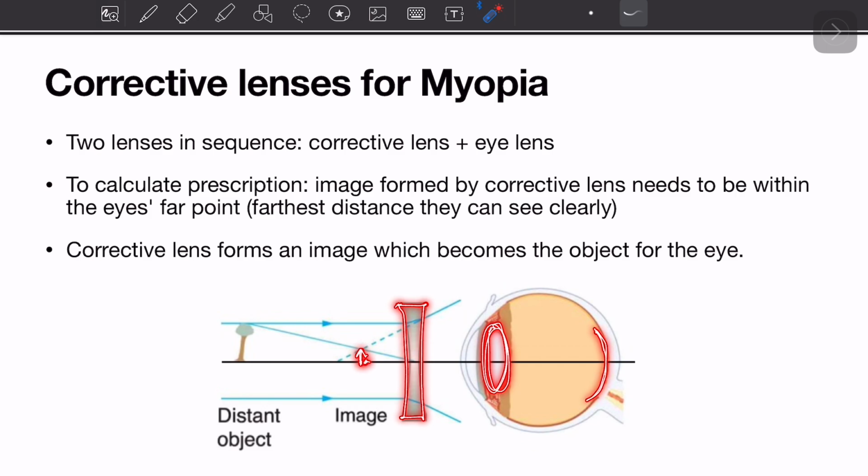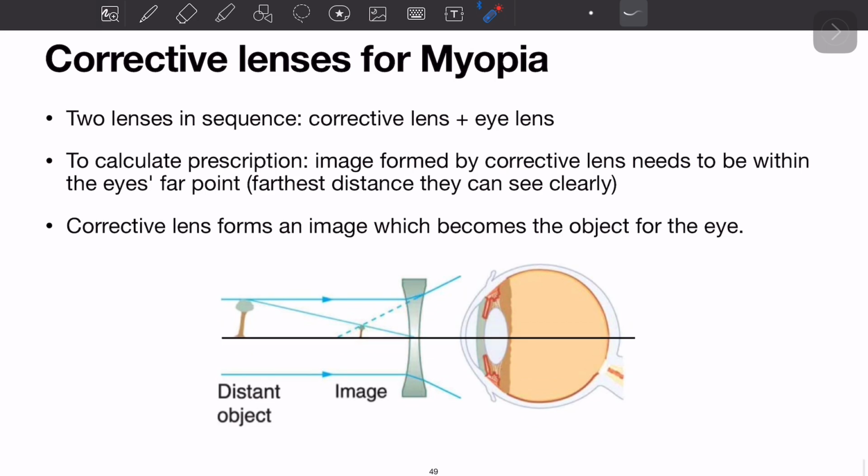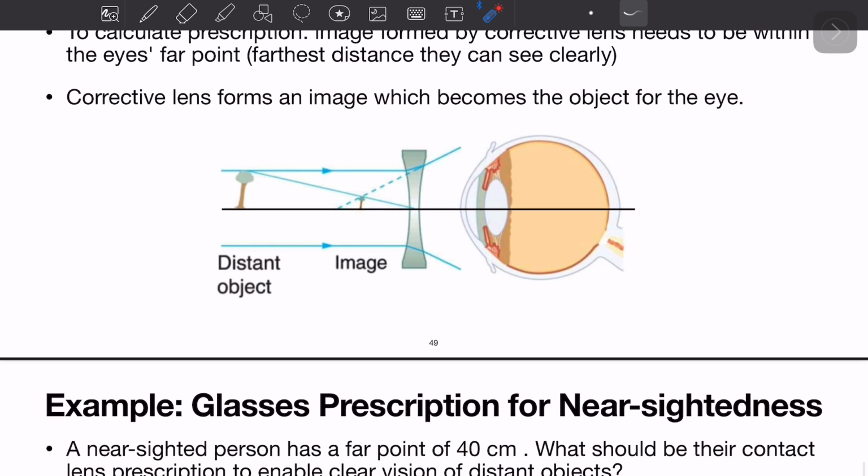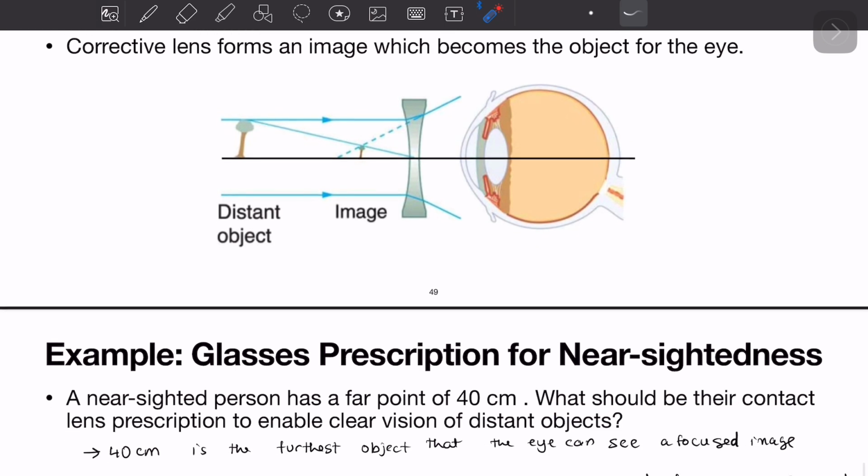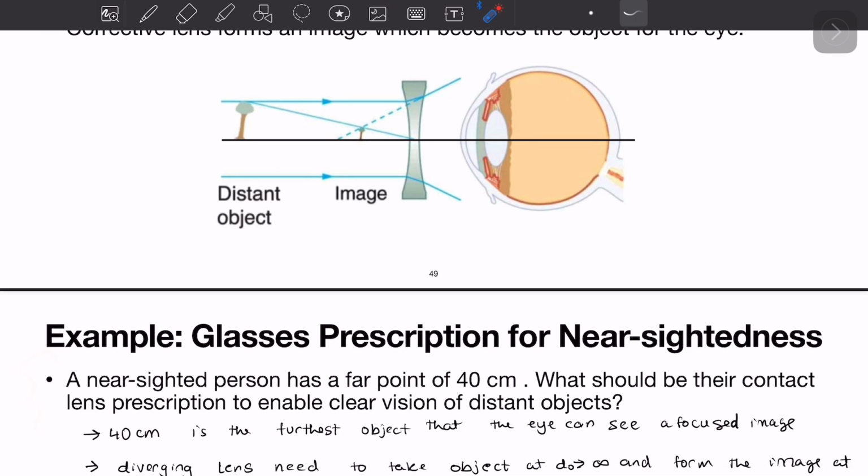Now this image becomes the object that your eye lens is looking at, and then this object can be focused on your retina. So let's do a calculation. We have a nearsighted person whose far point is 40 centimeters. So basically the furthest objects that they can clearly focus is 40 centimeters. What should be their contact lens prescription to enable clear vision of distant objects? So what does this all mean? 40 centimeters is the furthest object that the eye can see a focused image of.